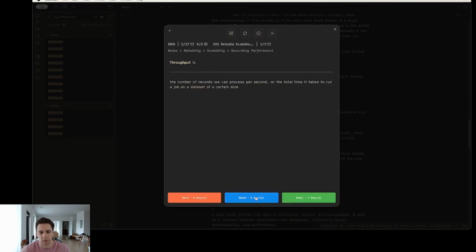I can't remember the words here. Records we can process per second, or the total time. This second part's, I think, key: the total time it takes to run a job on a data set of a certain size. Scalability: the ability of a system to handle increased load.